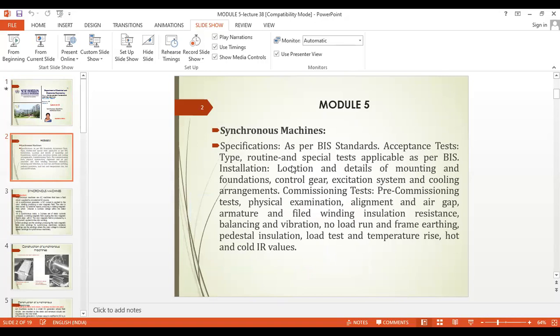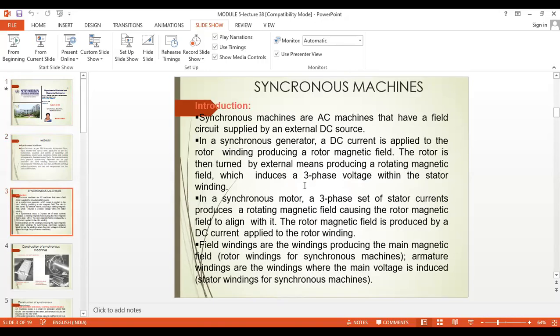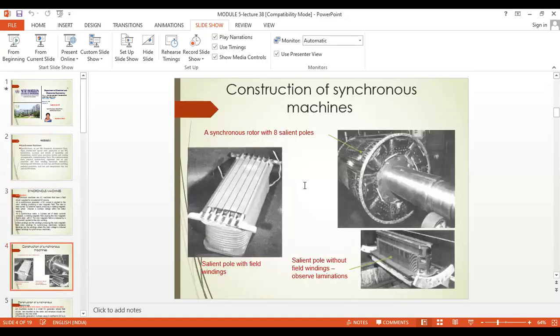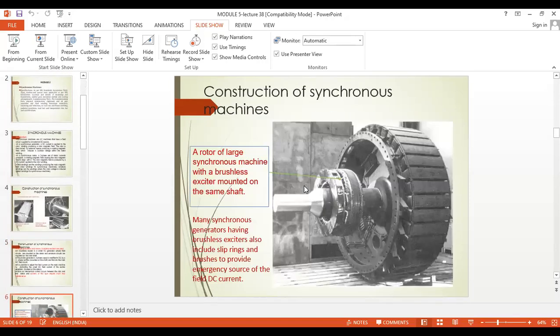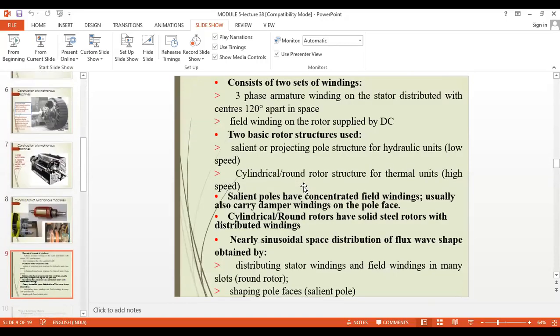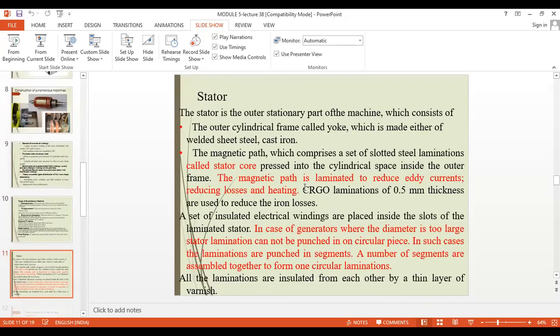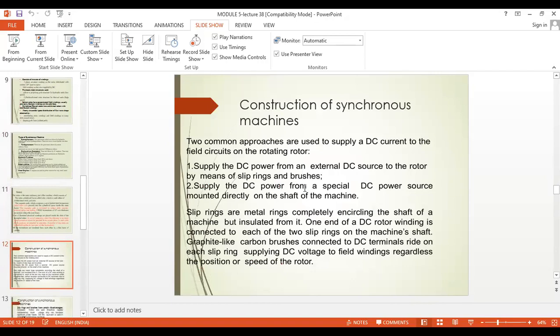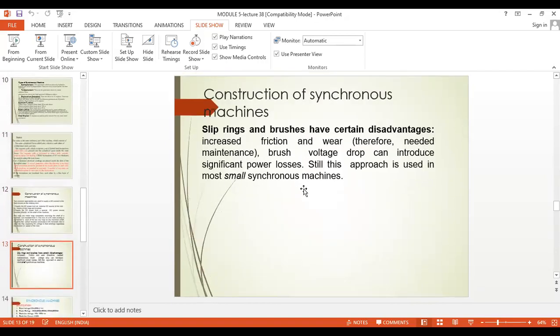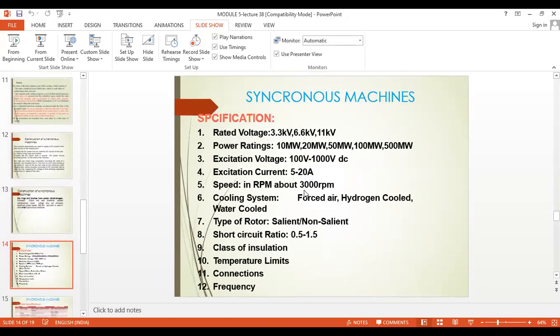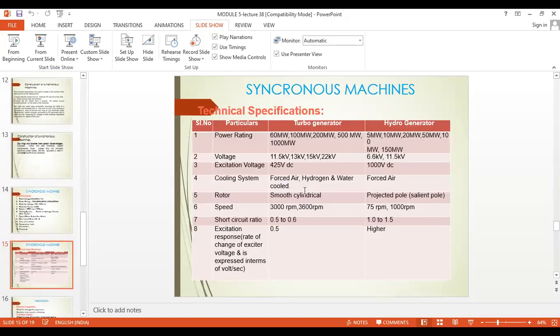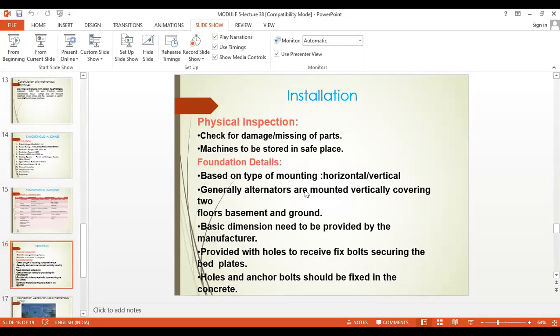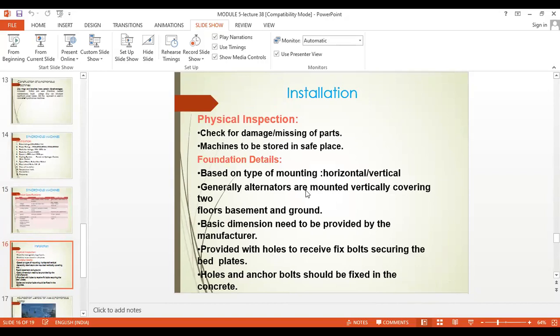So here in this lecture we have seen the specification, all about construction and working principle. Then what is exciter, excitation system, and stator, construction of the synchronous machine with slip ring and brush assembly. Then what are the technical specifications for two different motors. Then physical inspection, foundation details.